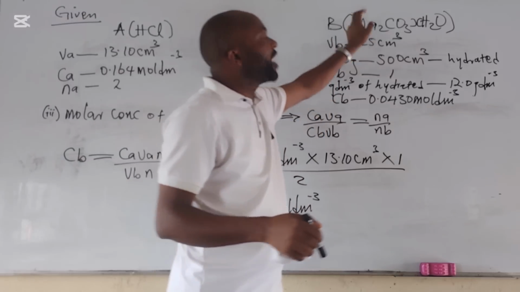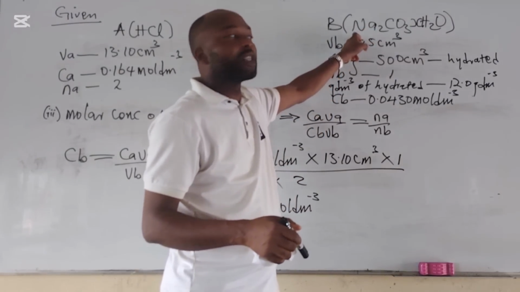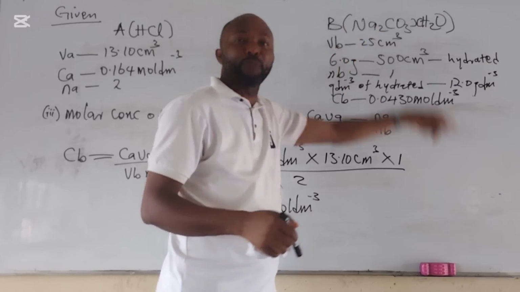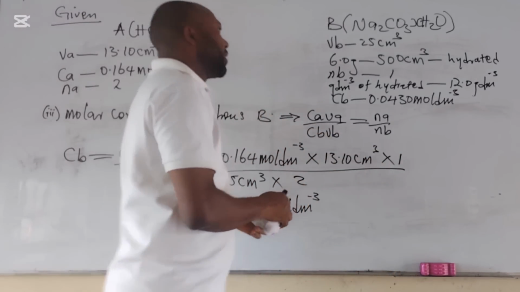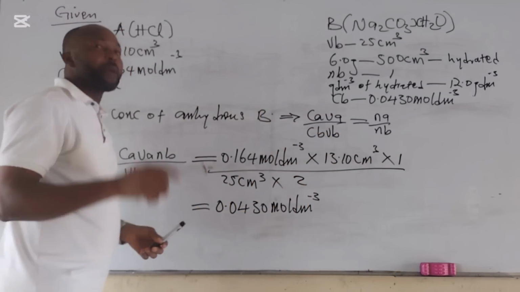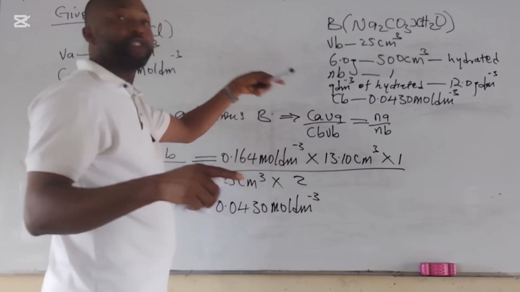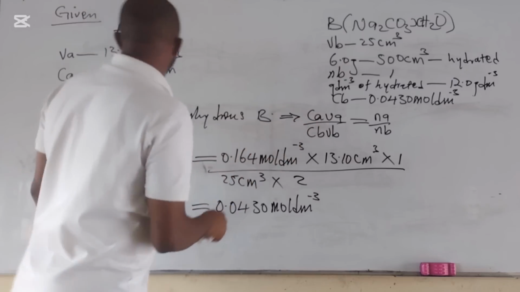But the mass count of the anhydrous we don't know. So we must determine the mass count of the anhydrous first before we can apply the formula, before I can substitute into the formula.